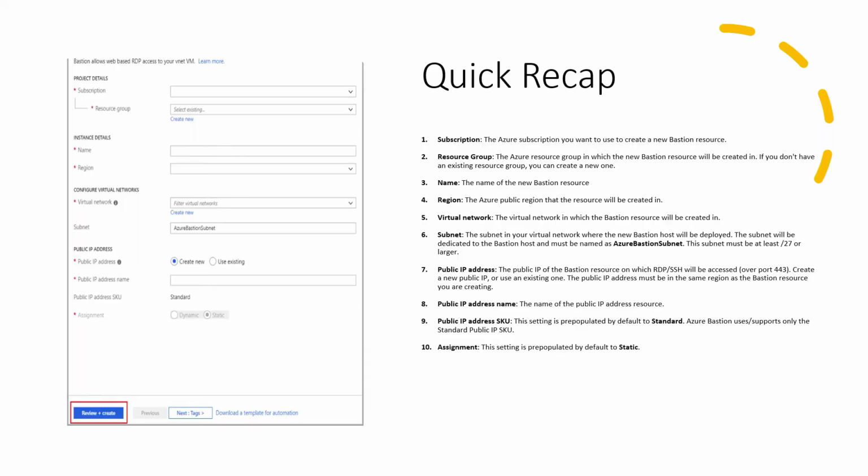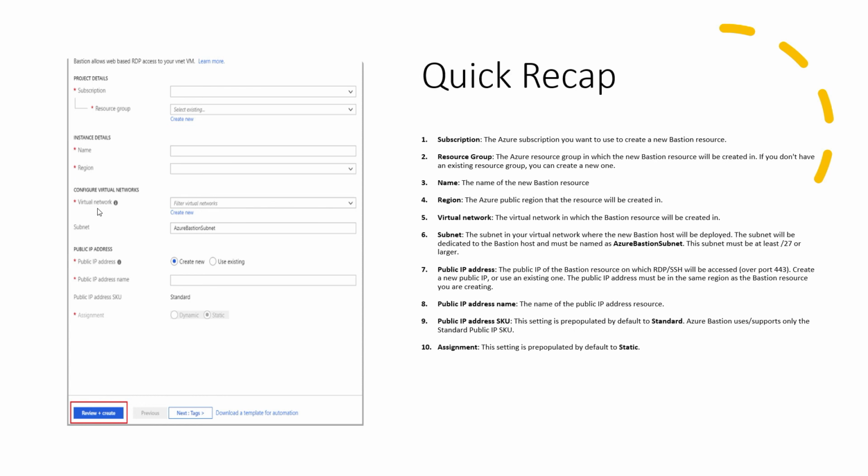Before we end today's session, let's do a very quick recap. This would be the template for creating the new Bastion host resource. You have to provide the details of your subscription, the resource group where the Bastion resource should be created, the name of the Bastion resource, the region in which it will be created.